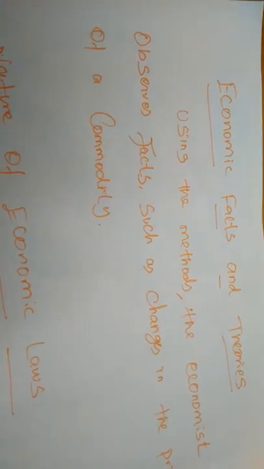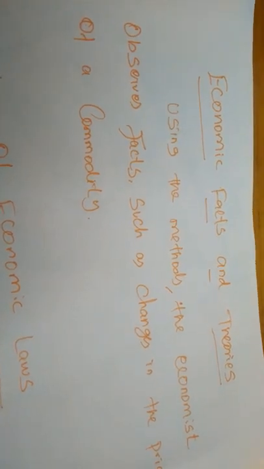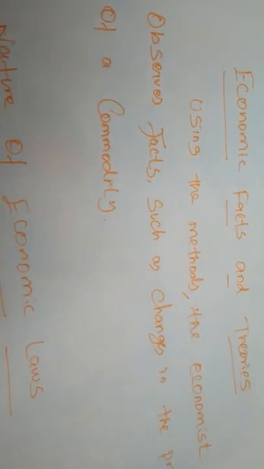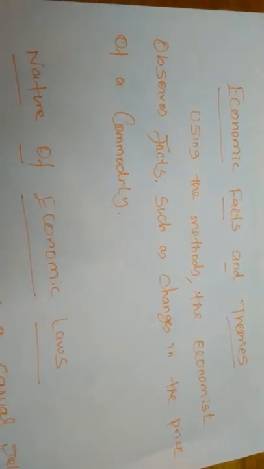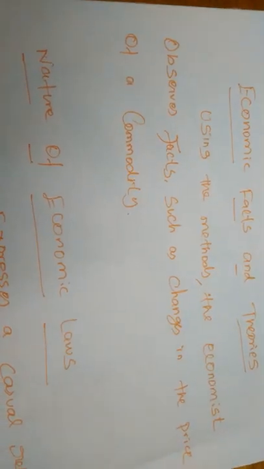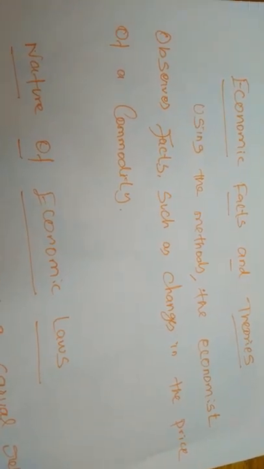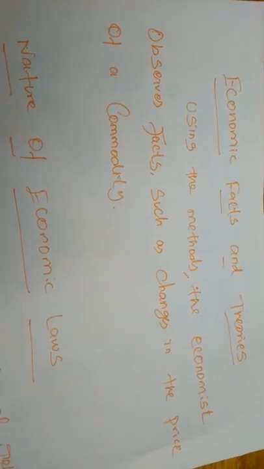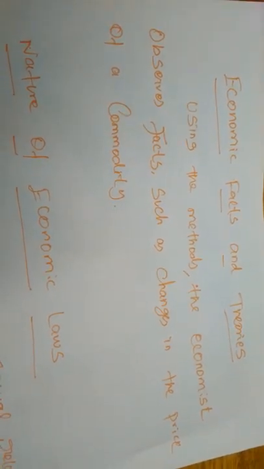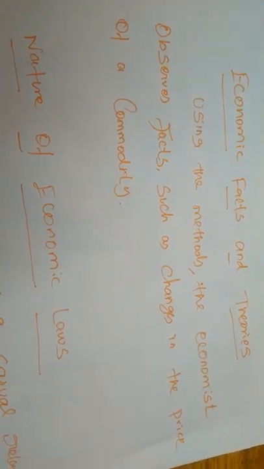On the basis of theories, we can understand the laws and theories. Like that, the quantity demanded will also differ on the basis of changes in the price of commodities. Whenever the price of a commodity increases, the demand for the commodity will also vary.